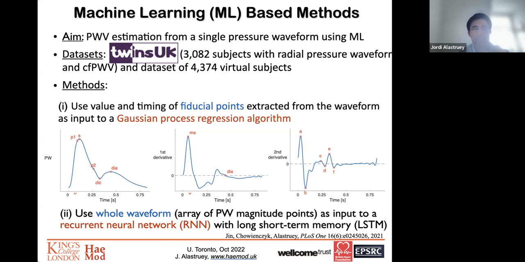We followed two approaches: either using fiducial points extracted from the waveform as input to a Gaussian process regression algorithm, or using the whole waveform as input to a recurrent neural network with long short-term memory.